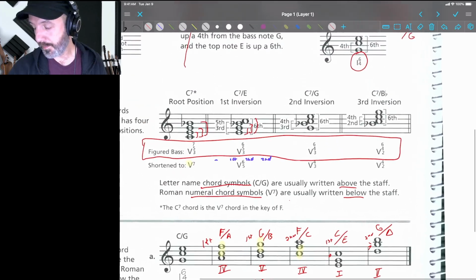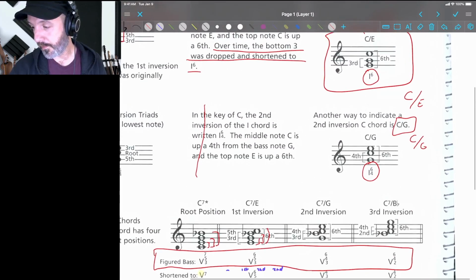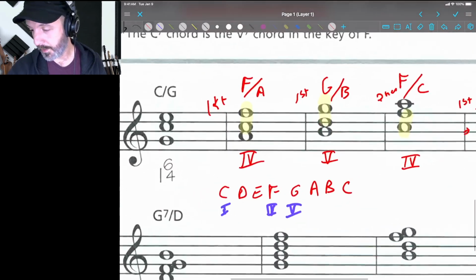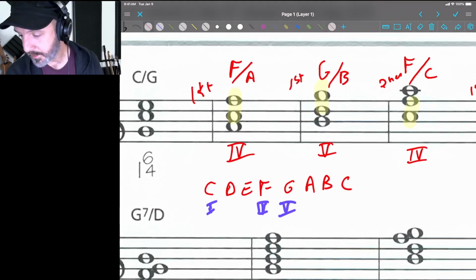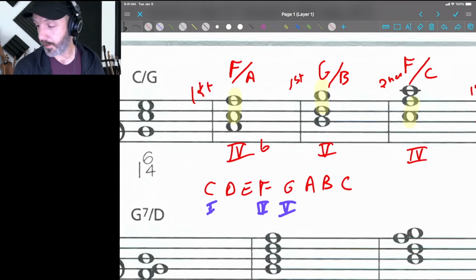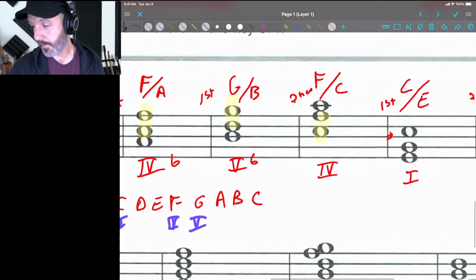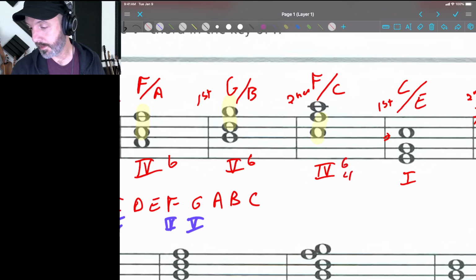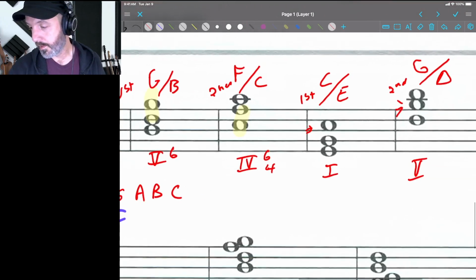Let's go back up. First inversion was a 6, second inversion was 6, 4. So we'll just type it again. If this doesn't make any sense, don't worry about it. Just wax on, wax off. Just go through the motions. Just trust.